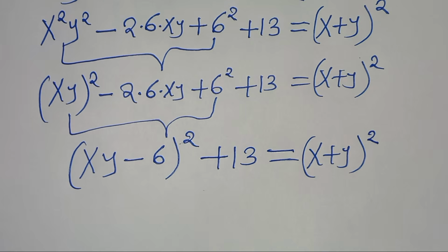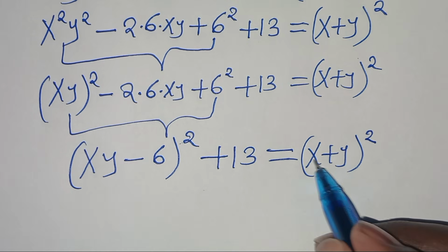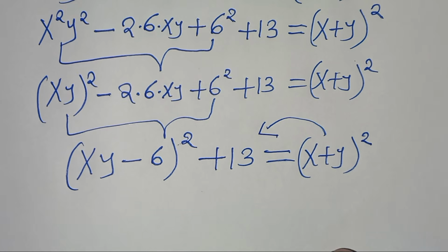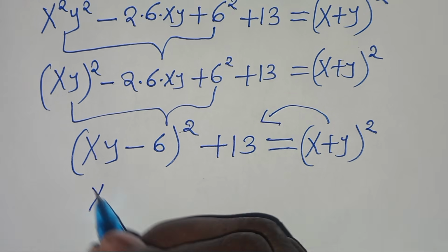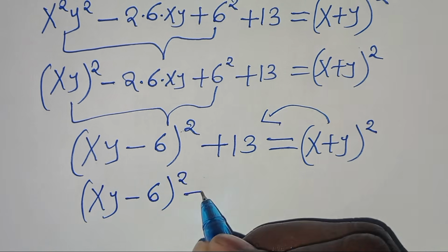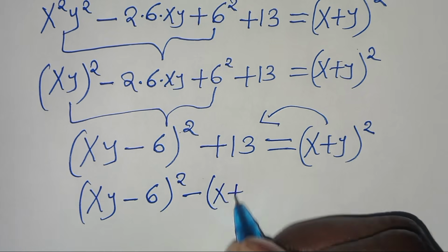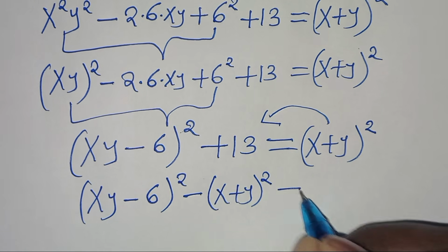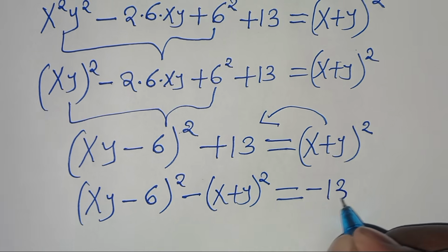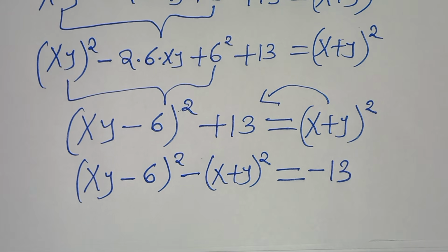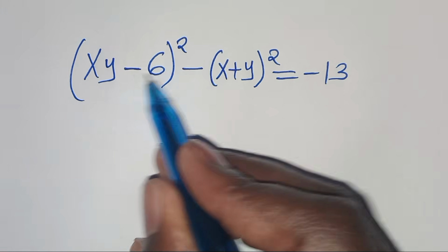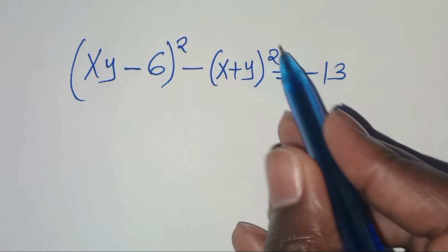Now, the next step is, let's take (x + y)^2 on the left hand side. This means we have (xy - 6)^2 - (x + y)^2, and let's take plus 13 to the right hand side. This is equal to -13.